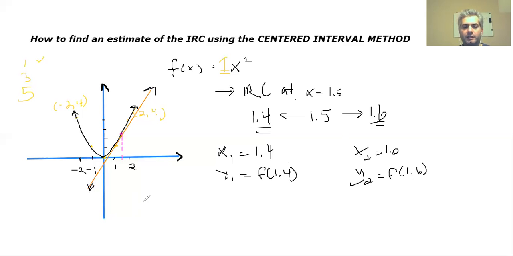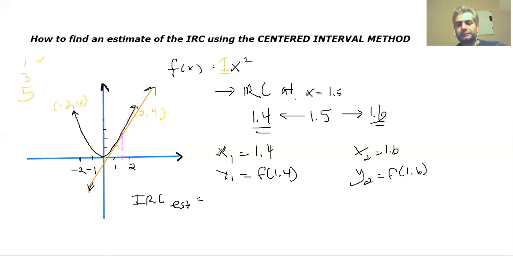What I need to find is the estimate of the instantaneous rate of change. So I can just write IRC estimate, EST, which is basically the slope of the secant crossing those 2 points, x1 equals 1.4 and x2 equals 1.6.